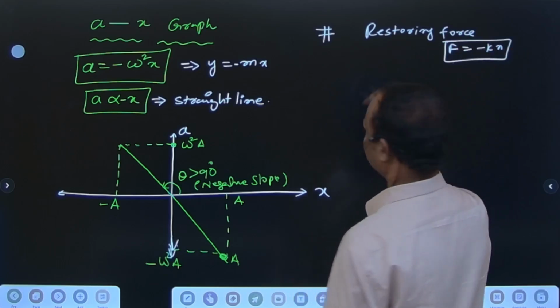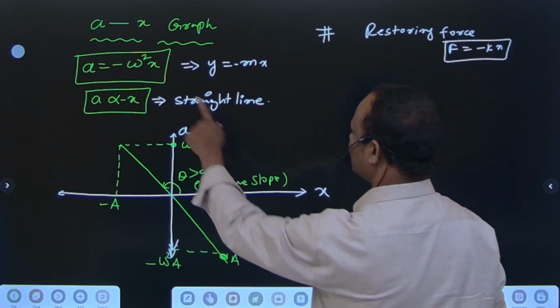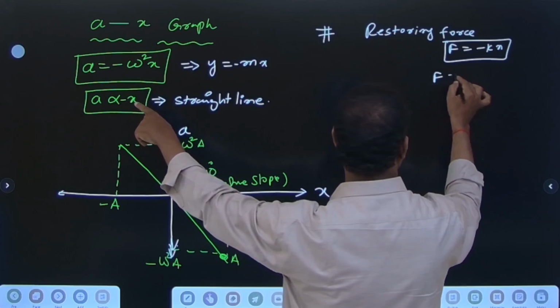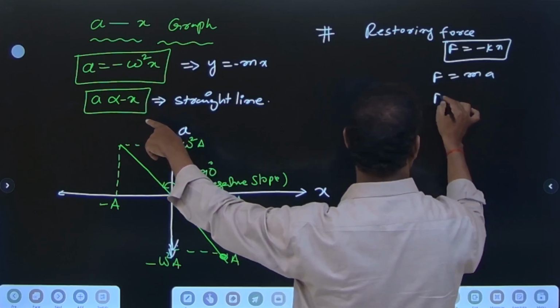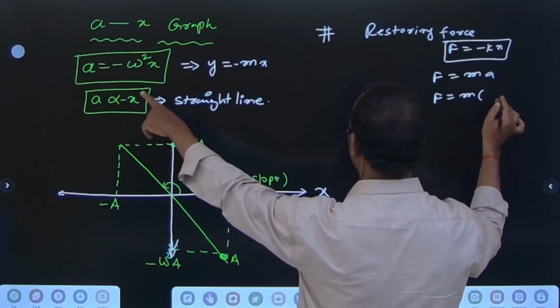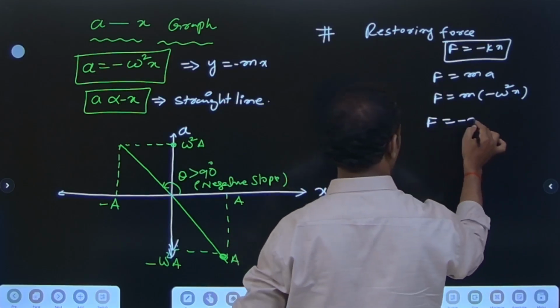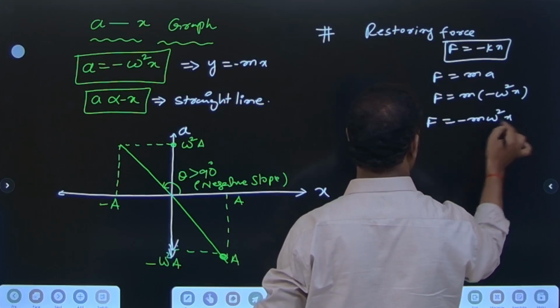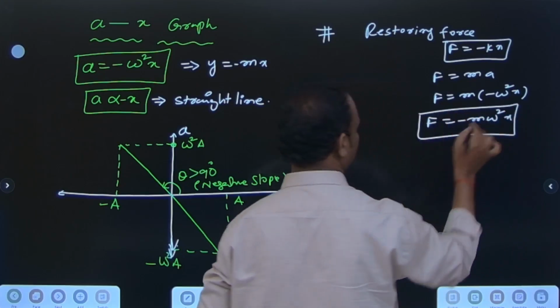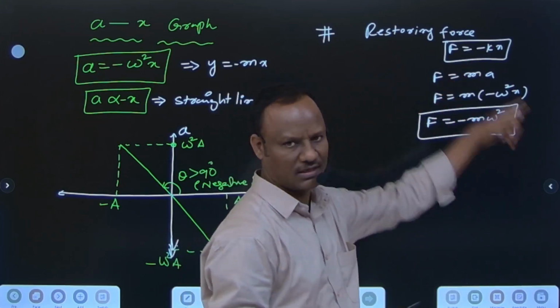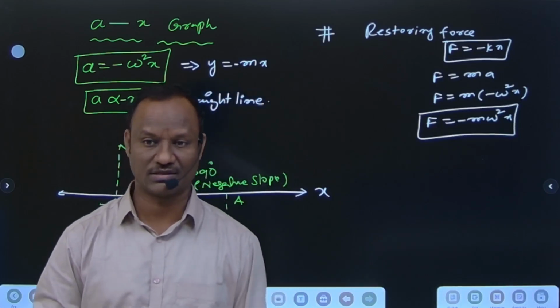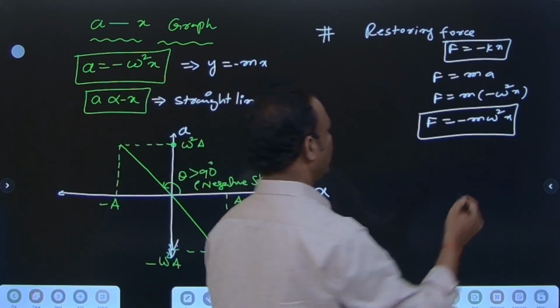F is equal to m into A, which means minus m omega square x. So what is K? K is equal to m omega square.